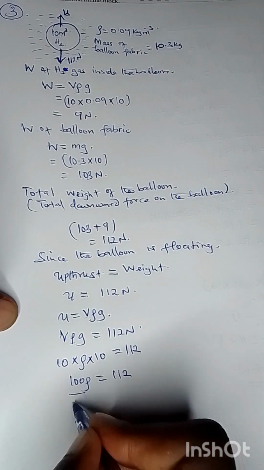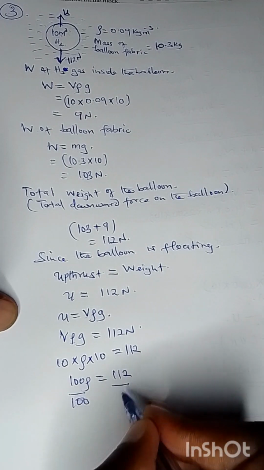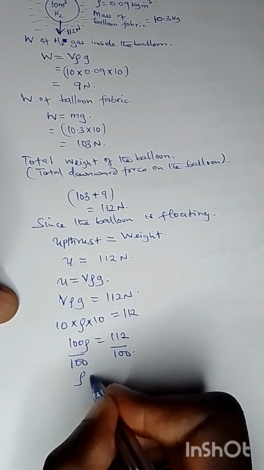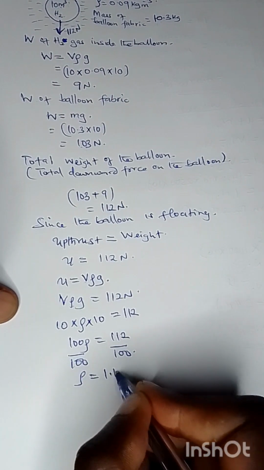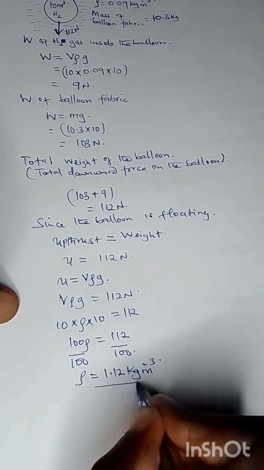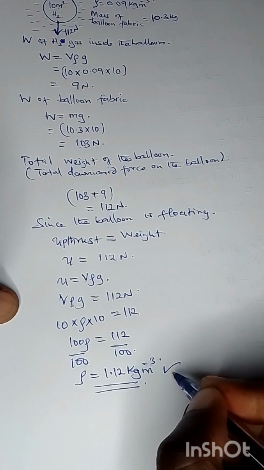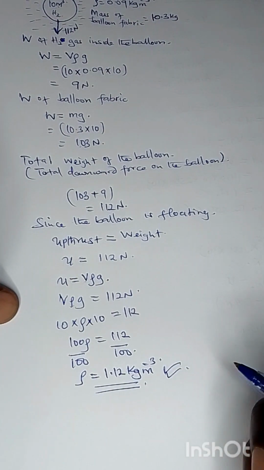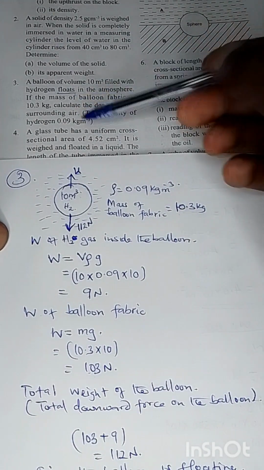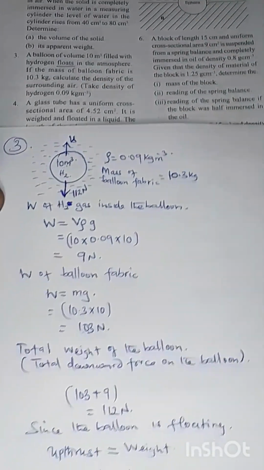Divide by 100, divide by 100. Rho equals to 1.12 kilogram per cubic meter. So, learners, this is the density of the surrounding air, which we are told to calculate. So that's the density of the surrounding air.